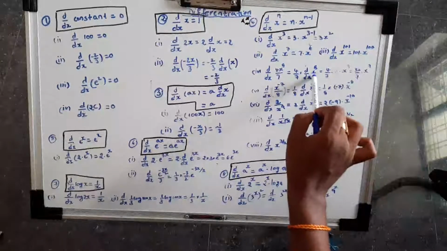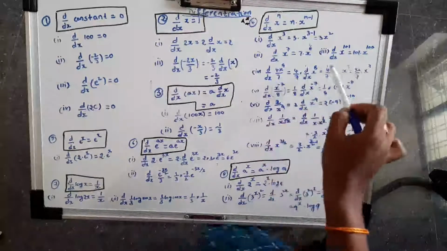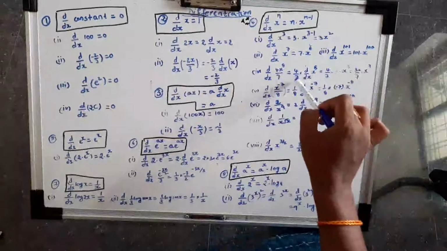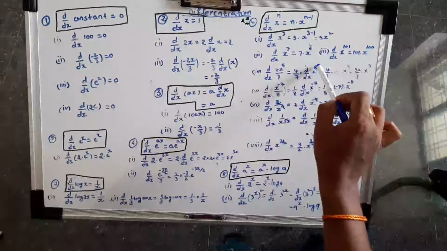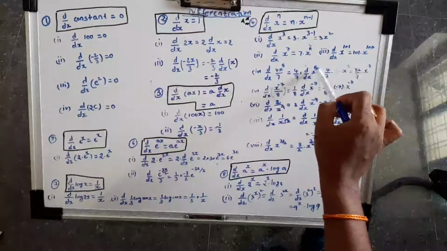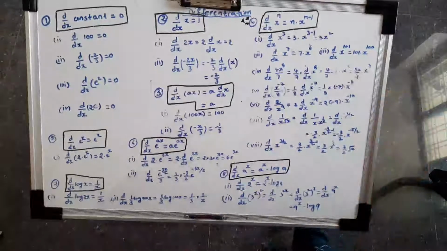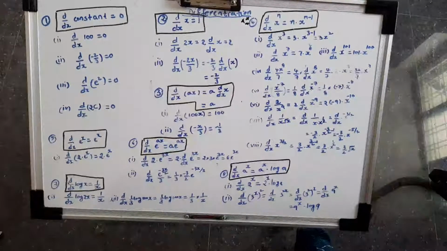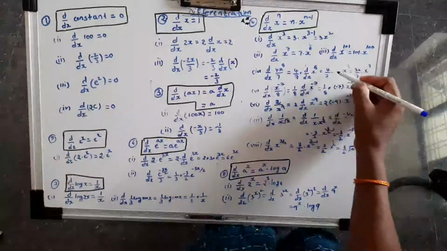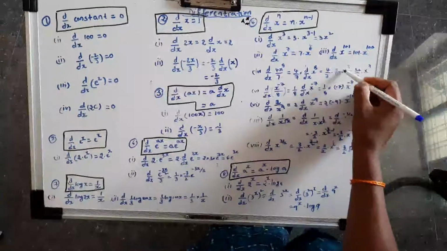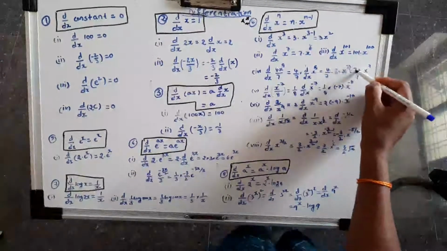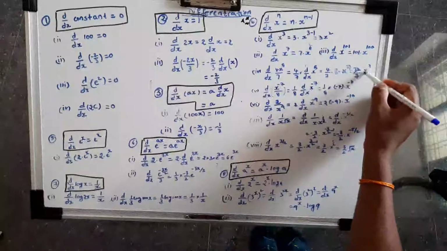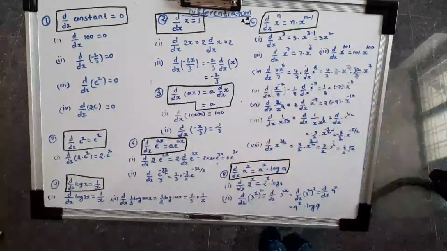So it is 4 over 7, and if you apply the derivative formula for x power n, 8 into x power 7. Simplifying this formula again, you get 32 over 7 into x power 7.